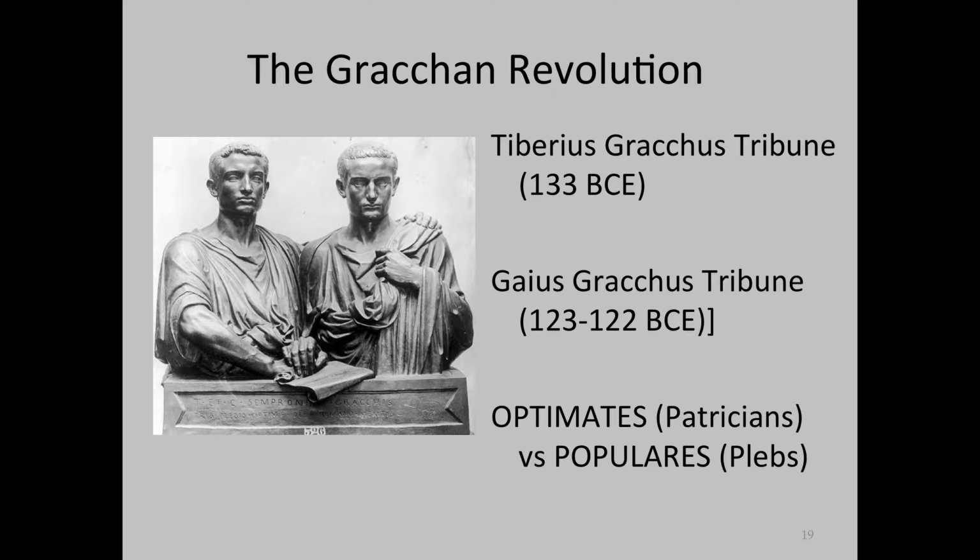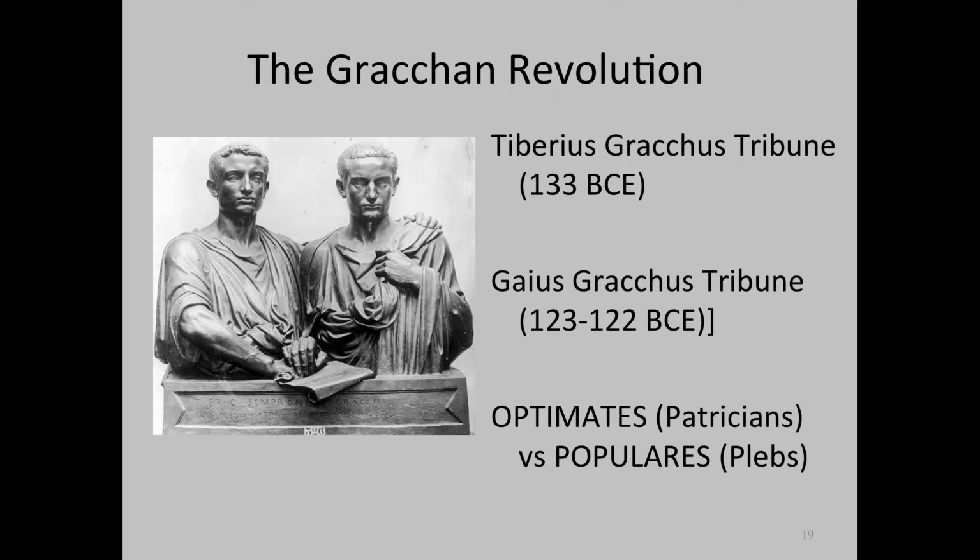However, the program was problematic because this public land had already been parceled out. This land won in the wars of Italian expansion had already been parceled out and sold, mostly claimed by either patrician or equestrian Roman families.